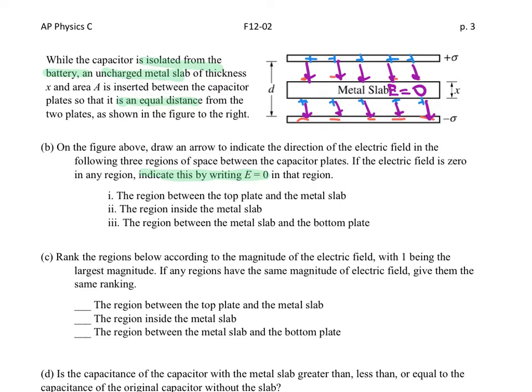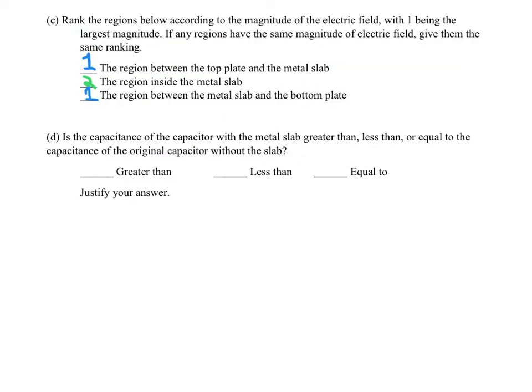And of course, we've picked up negative sigma on the top part and positive sigma on the bottom, sorry, not on the plates, but on the parts of the slab. And so the electric field is actually the same in the top and bottom parts. So they would be 1, and it's 0 between them, so there'd be a 2 there.